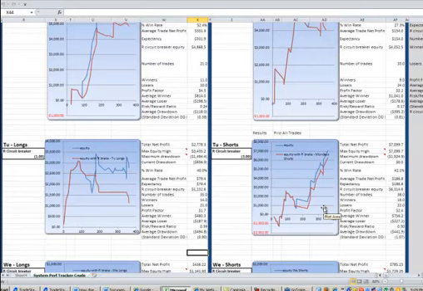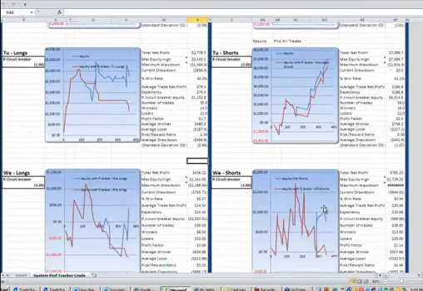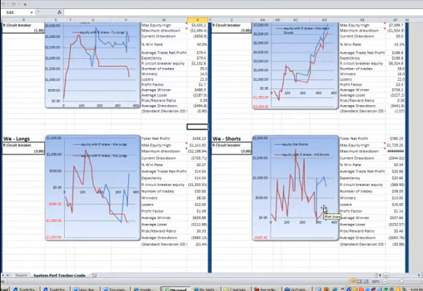So both longs and shorts are looking good on the win rate and also the average trade net profit. Shorts have got a huge advantage there. What's the current drawdown? Okay, so that's not in a current drawdown, so it's making new equity highs. Fantastic. All right, so we're looking pretty good there.